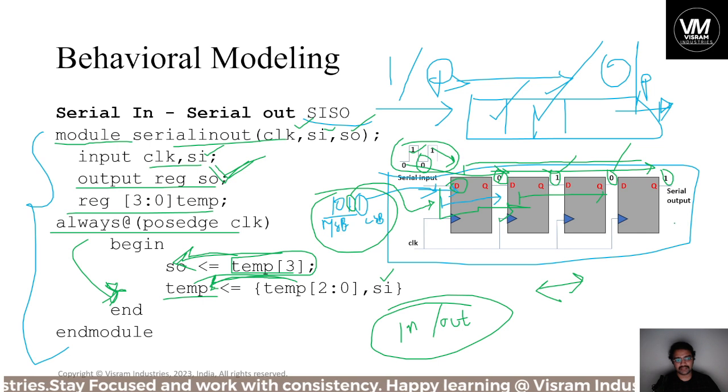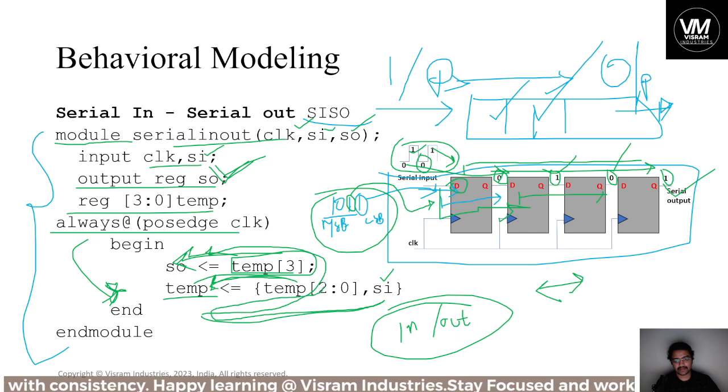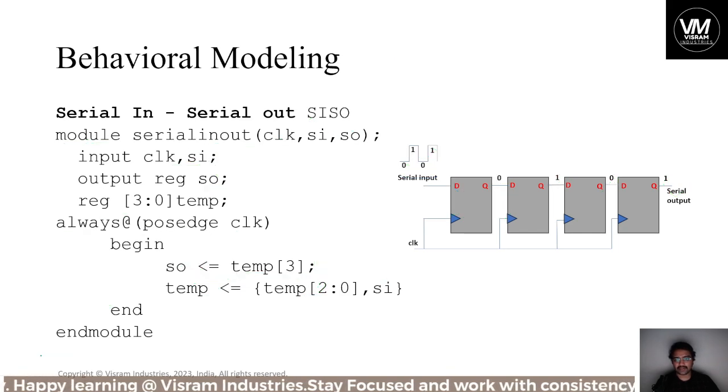Hence the output is collected in this way. It is a sequence, it goes this way, so it is taking some time. That's what the time delay is counted for.